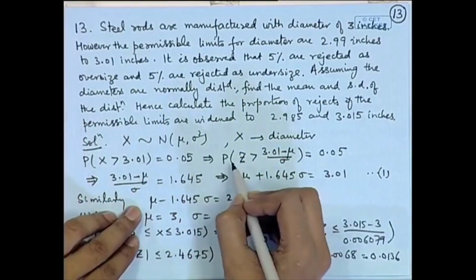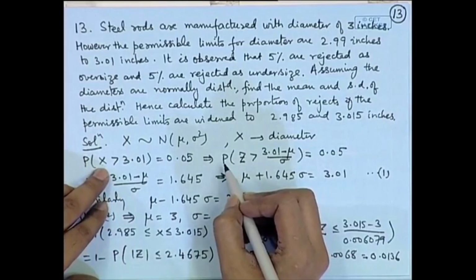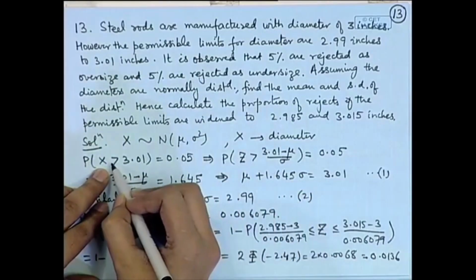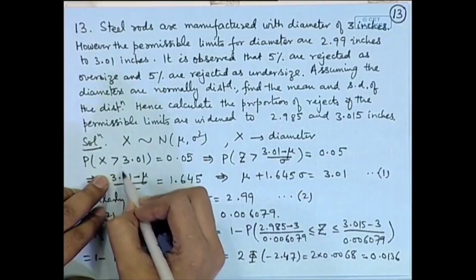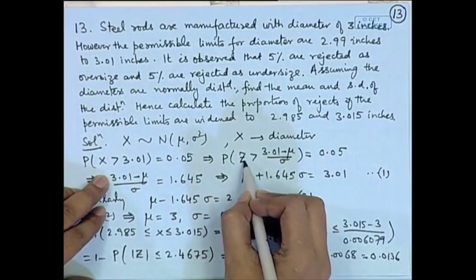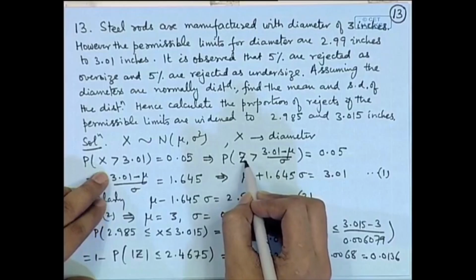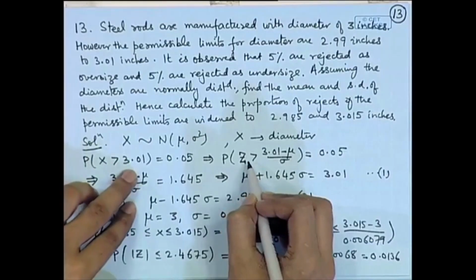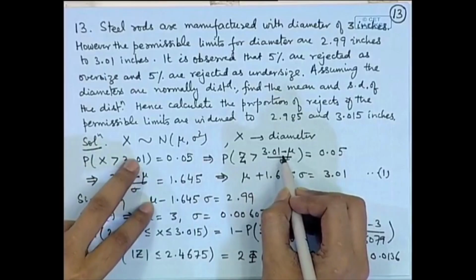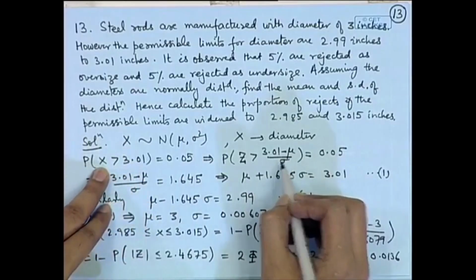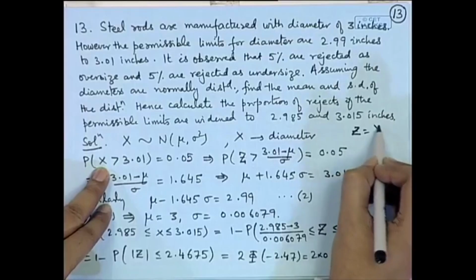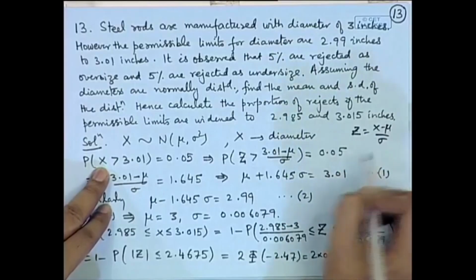Now, we have seen that the probabilities related to any general normal distribution can be transformed to probabilities related to the standard normal random variable. Here the standard normal random variable can be obtained by looking at z as x minus mu by sigma.